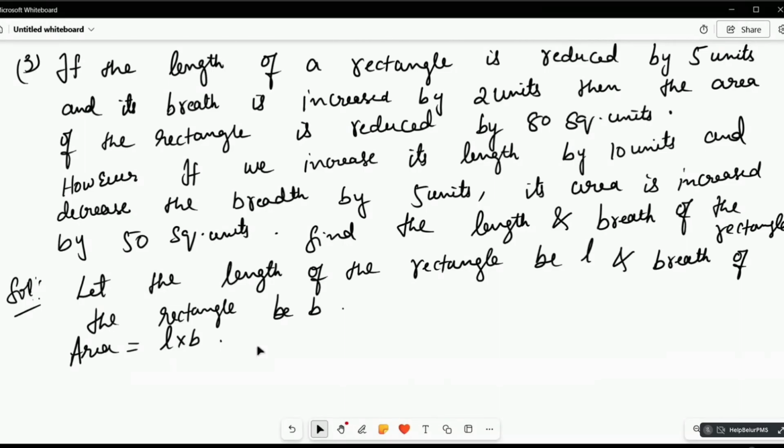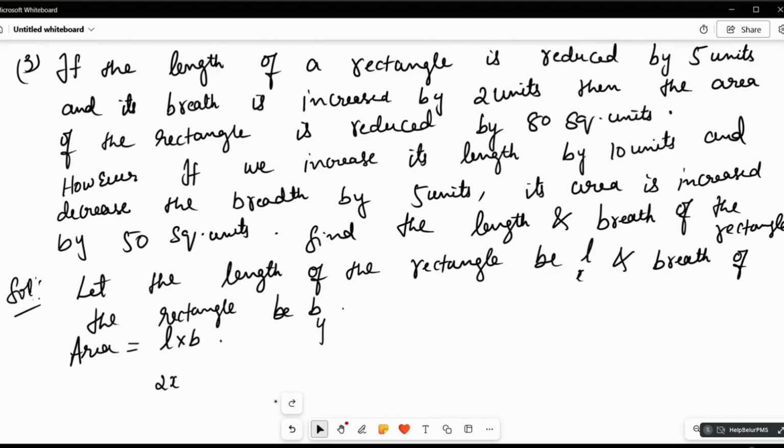Ma'am, is the first equation 2x minus 5y is equal to minus 70? Okay, you have taken length as x and breadth as y, yeah? Yeah. Okay, tell me the equation. 2x minus 5y is equal to minus 70. See, it is increased.